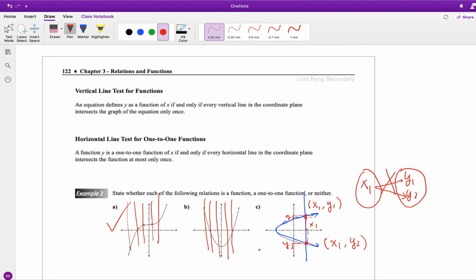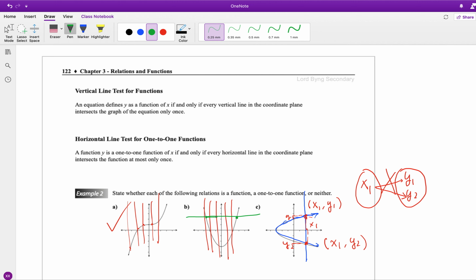But interestingly, if I use a horizontal line, then I will hit 2 points on this graph. Here, the y value is the same.